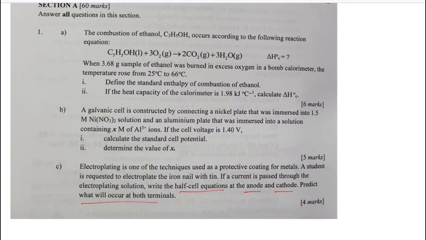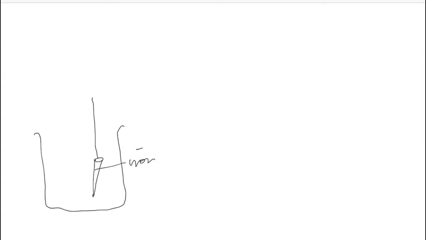Okay, so for me, the understanding of the question begins with the diagram. I need to understand through the diagram what is happening. So imagine we have a beaker, right? We have a beaker, and then we have an iron nail over here, and it is immersed in Sn2 plus aqueous lah.